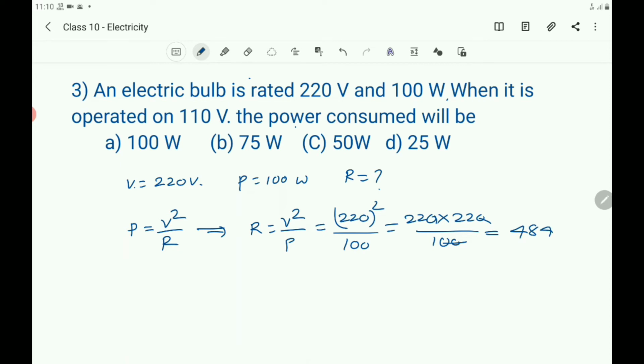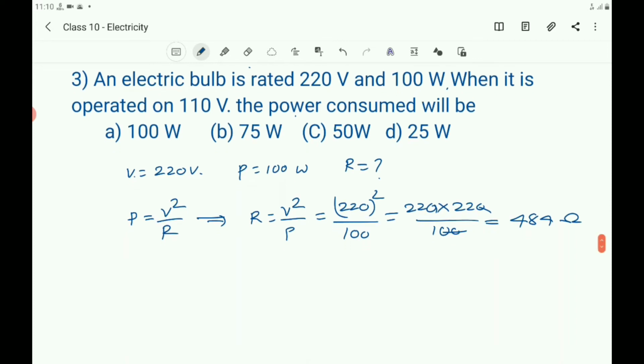So the resistance is 484 ohm. Now you take this 110 volt. By this 110 volt, and by using this resistance, you can find the power here.